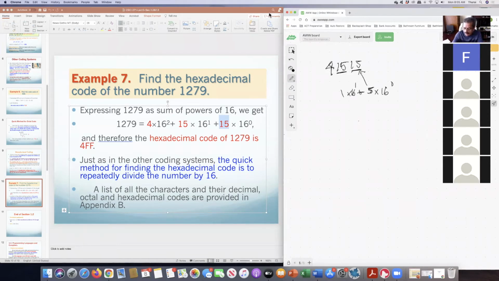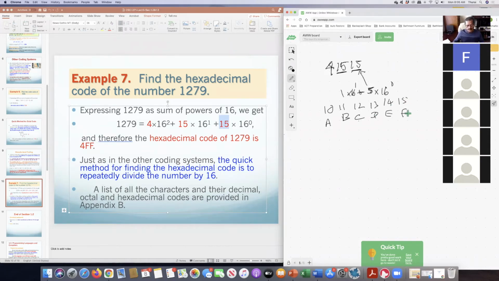Because of that, in the hexadecimal coding system, 0 through 9 will be used exactly the way we write them. But instead of 10, we use uppercase A. 11 will be written as B. 12 is C. 13 is D. 14 is E. 15 is F. So A, B, C, D, E, F will be used.